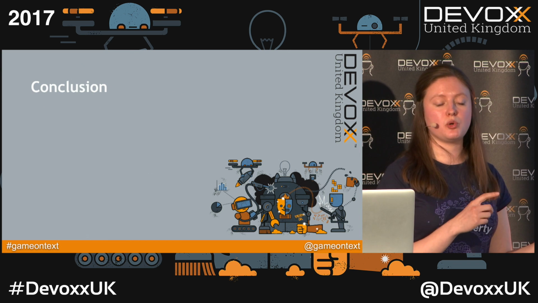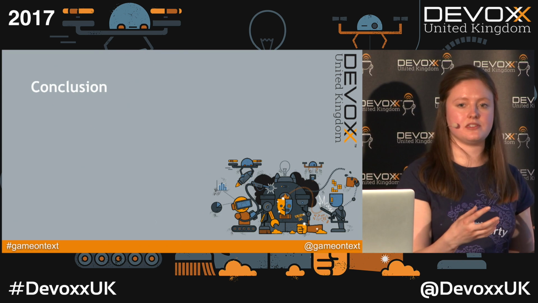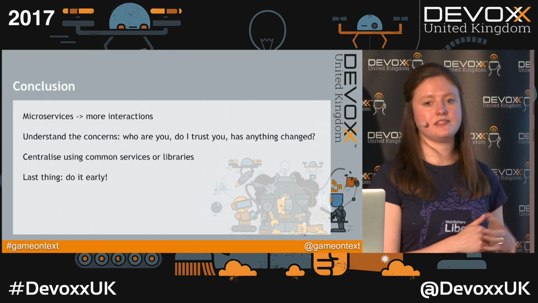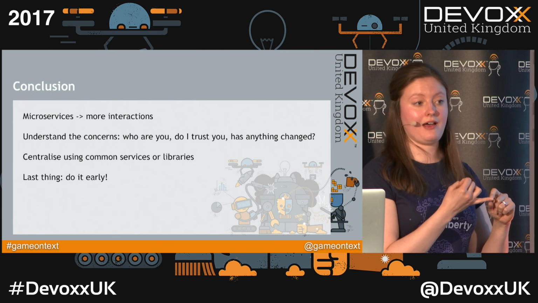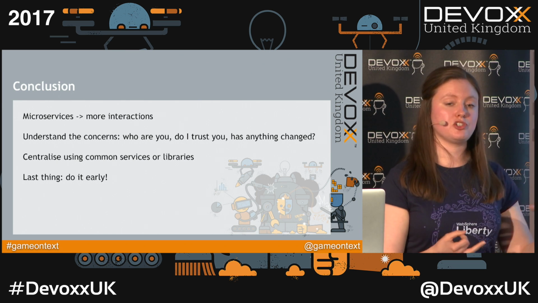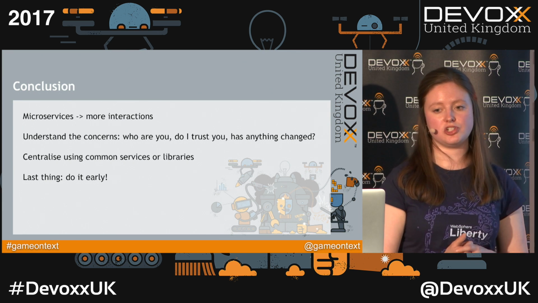Finally, we've talked about how we understand and trust that when requests come into a service, it's a request made by another service that we trust, and that the information, whether that be the user information and claims in the JSON Web Token, or more generally the body of the request, hasn't been changed.